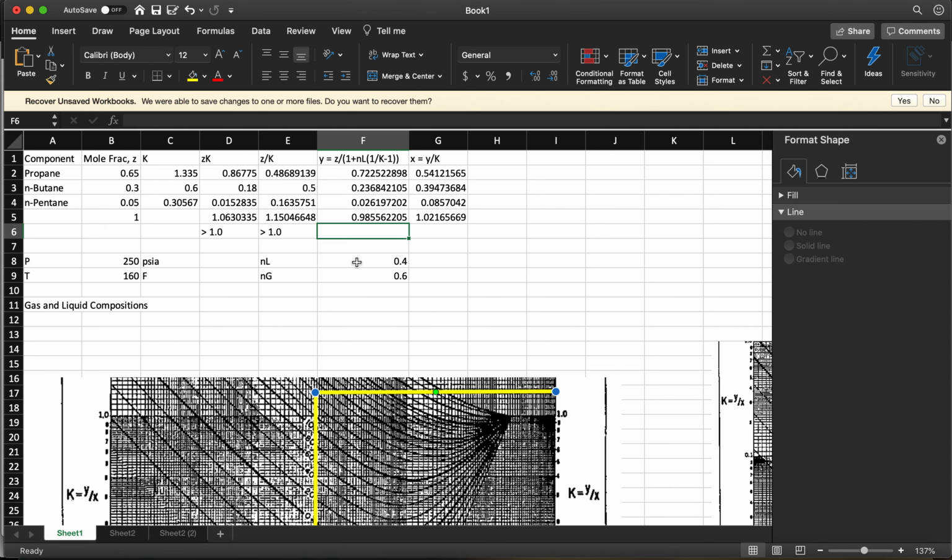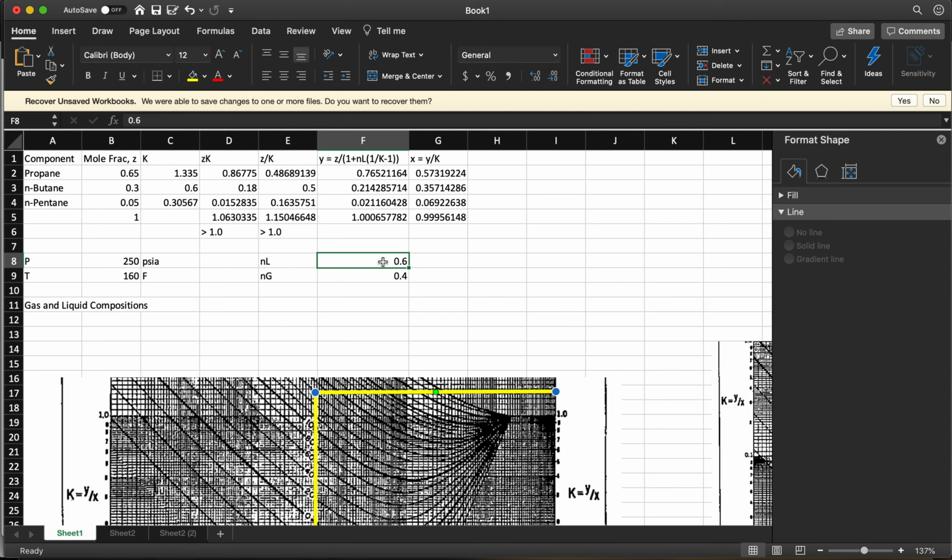This is an iterative process. I use the solver. You can use trial and error: guess 0.42, keep guessing 0.43. See, we're getting closer to 1. What if I guess 0.6? We're right at 1 with 0.6. That's a pretty good answer.